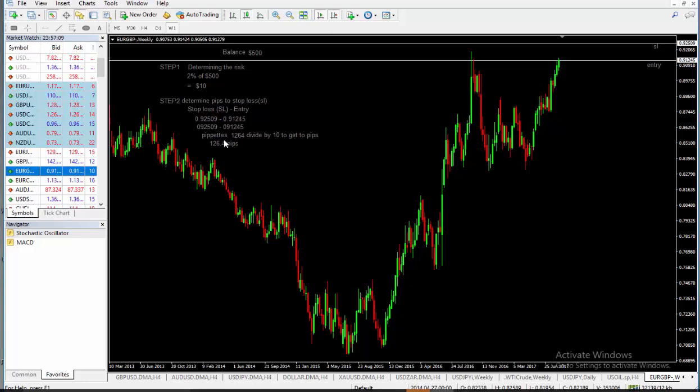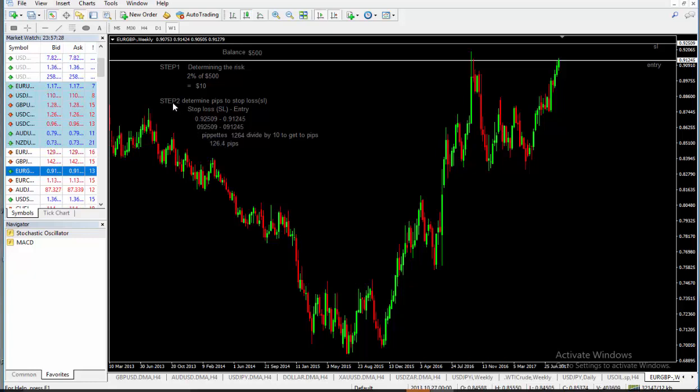Now that we have the number of pips to our stop loss, the next thing is to determine our value per pip.